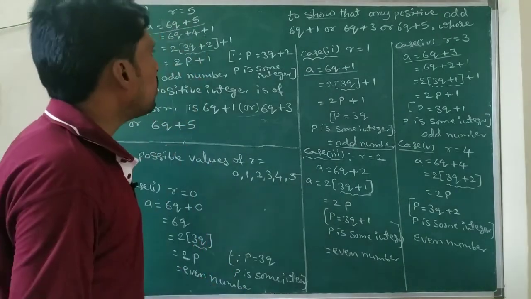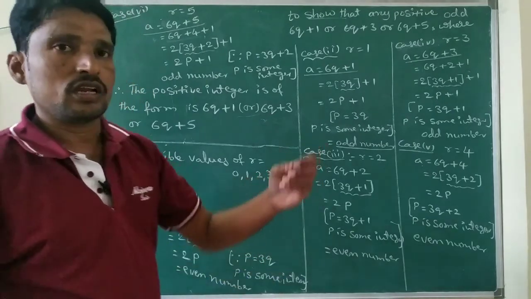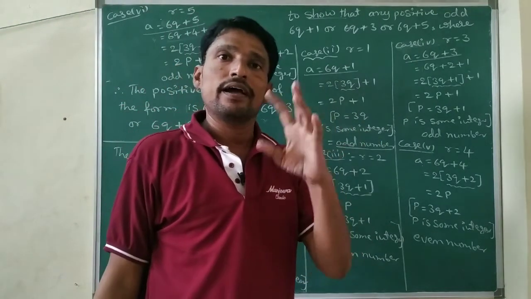So this total concept is based on the general form of even numbers and odd numbers.